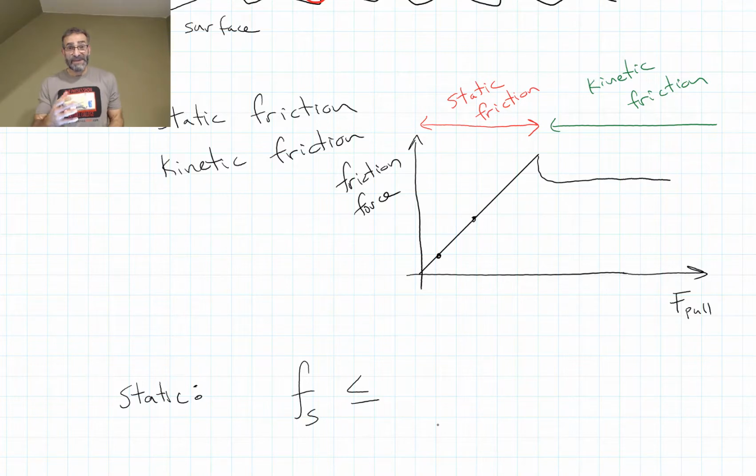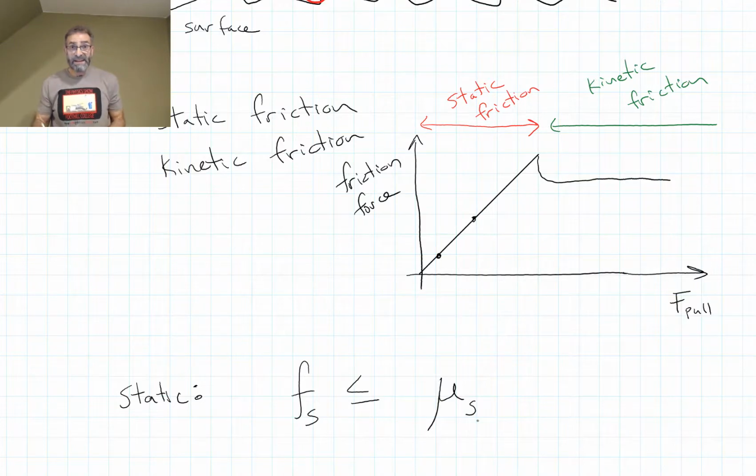And the maximum value depends on, what do you think it depends on? It depends on the surfaces. Some surfaces are smoother and have less friction. Some are rougher and have more friction. That's this coefficient of friction, mu, the static coefficient of friction between those surfaces, and that depends on the surface. If you make something out of Teflon, it's going to have a much smaller coefficient of friction than if you make it out of steel, something like that.